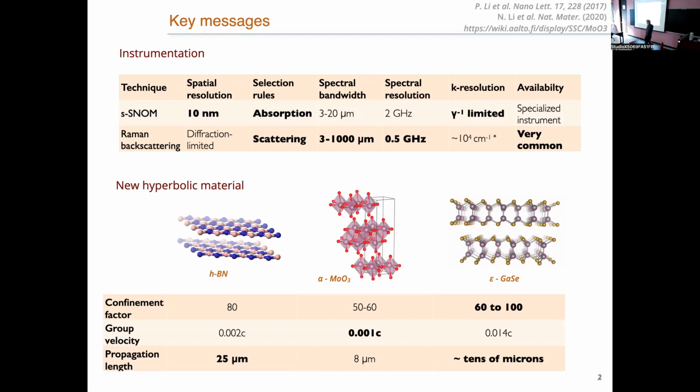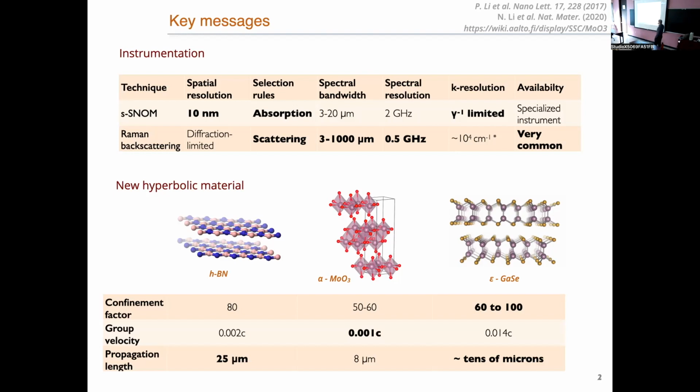Also, if you were to survey the same literature and look at what hyperbolic materials were studied, you would find out, again, that 90% of the literature concerned only two materials, boron nitride and molybdenum trioxide. These are very good materials, there's no doubt about it. But the range of hyperbolic materials in 2D materials is exceedingly large. It's a bit surprising that only two materials were studied extensively so far.